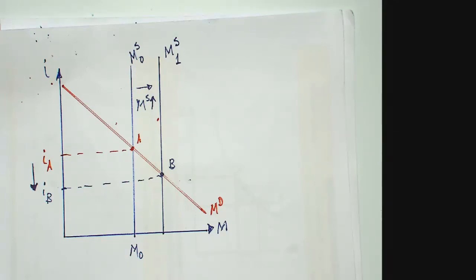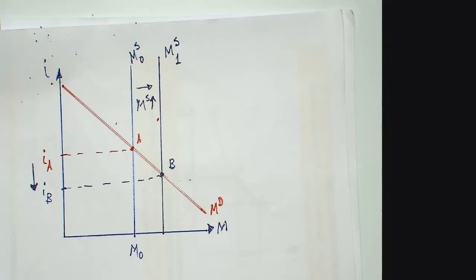So in order to return to equilibrium, we have to have an increase in money demand because we have a lower interest rate from IA to IB. If there is a reduction in interest rate from IA to IB, people would tend to borrow more. So they would see, okay, there is a lower interest rate. Maybe it's better if I borrow money now.